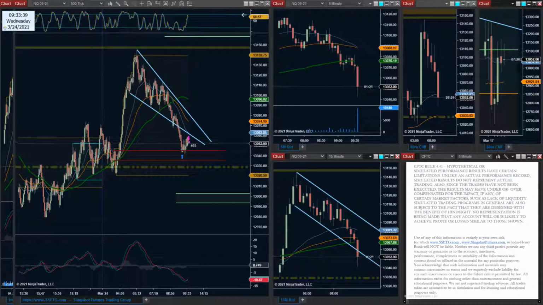Strong bear bar again, no thanks. That's not the follow-through that I wanted. I wanted that bull bar to punch and follow through. In that type of scenario, I mean, it might go, but it's going to do it without me.